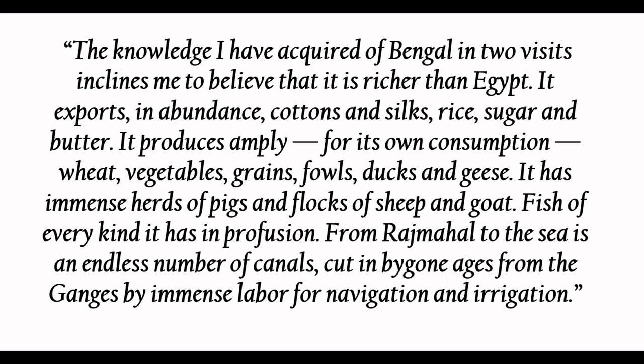It produces amply for its own consumption wheat, vegetables, grains, fowls, ducks, and geese. It has immense herds of pigs and flocks of sheep and goat. Fish of every kind it has in profusion.